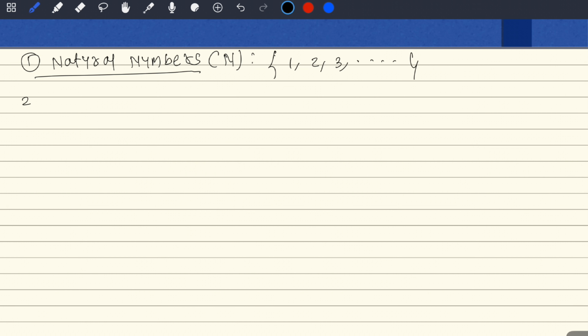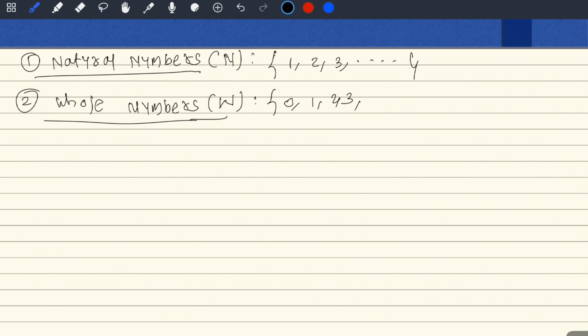Correct. Then whole numbers. The notation is capital W. What are whole numbers? Natural numbers along with 0. So 0, 1, 2, 3 and so on. Then integers.